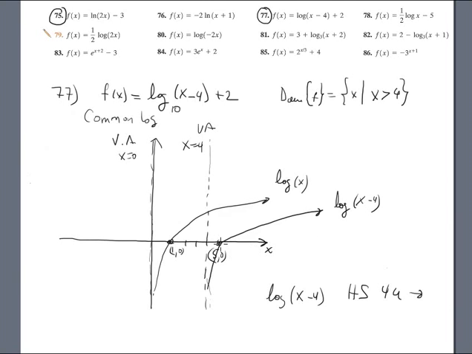Plus 2. Logarithm x minus 4 plus 2 is a vertical shift 2 units up. At this point, which normally is (5, 0), it would be (5, 2) here. This point is (5, 2), and the vertical asymptote stays the same.